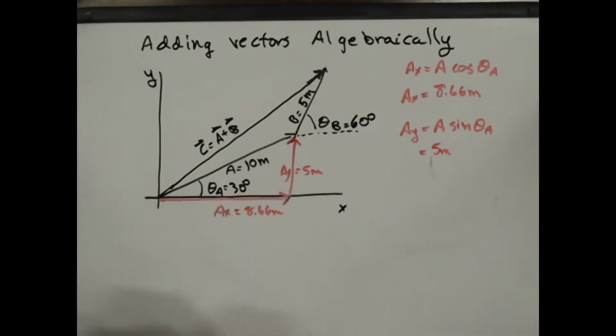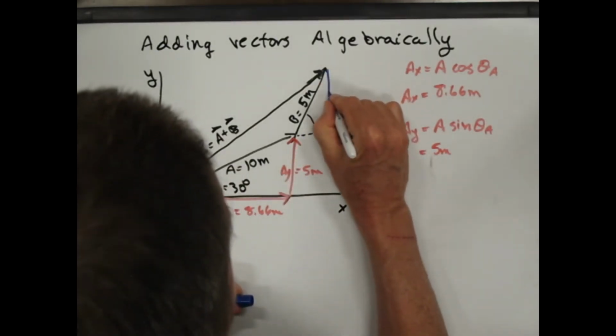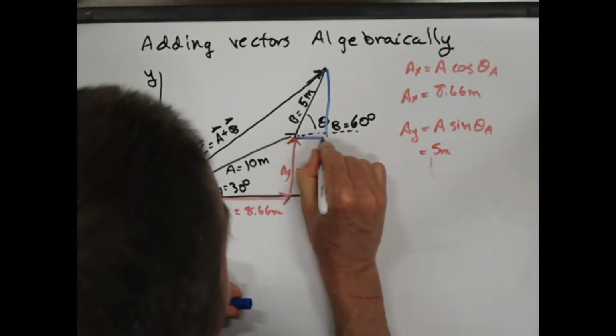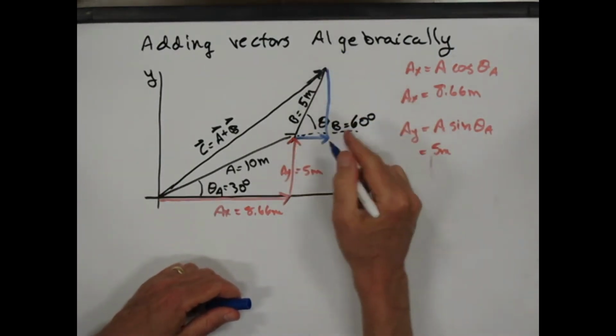Similarly, I can look at B. Here's my vector B. If I come straight down here, I can draw an x component. I know I've drawn it up in the air, but I'm imagining that my little coordinate system is here.